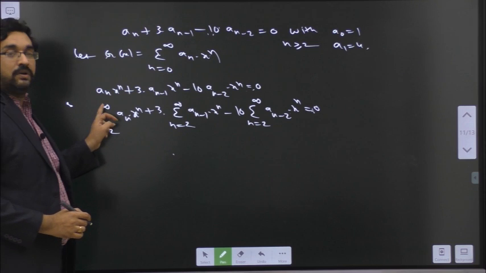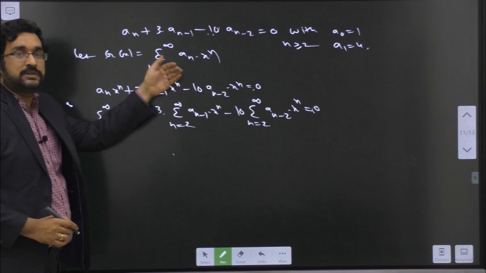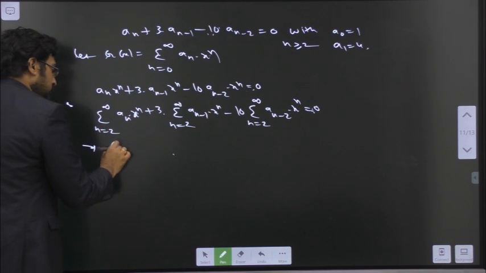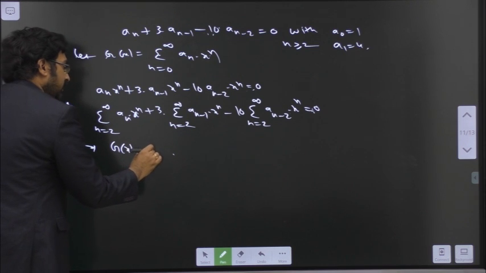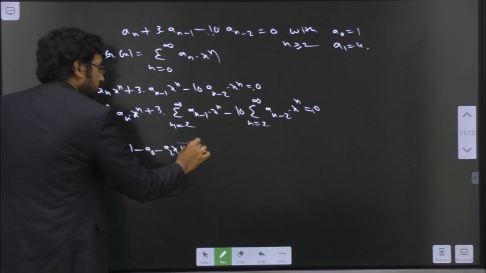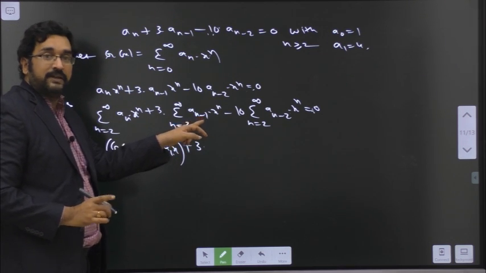So sigma n equal 2 to infinity, that's why from the given g of x we should remove first two terms. So this is equivalent to g of x minus a naught minus a1x plus 3 into, here to here it is 2, here is 1, one difference is there.